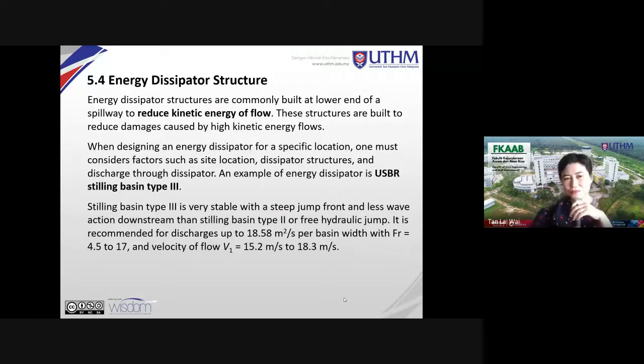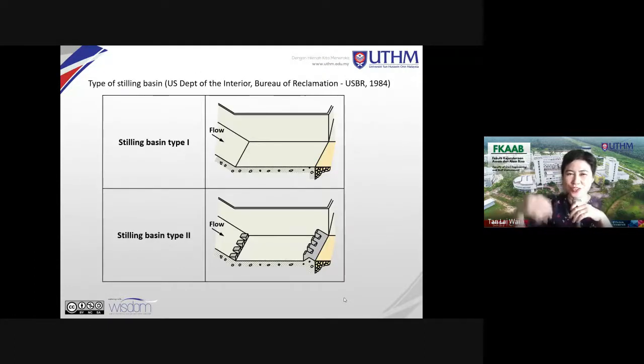Normally, I don't go through all the text. You can read it on your own. Now, USBR, 1984, in its manual, has 10 types of stilling basin. Apart from USBR, which is the United States Bureau of Reclamation, you also have other stilling basins designed by individuals or an agency.